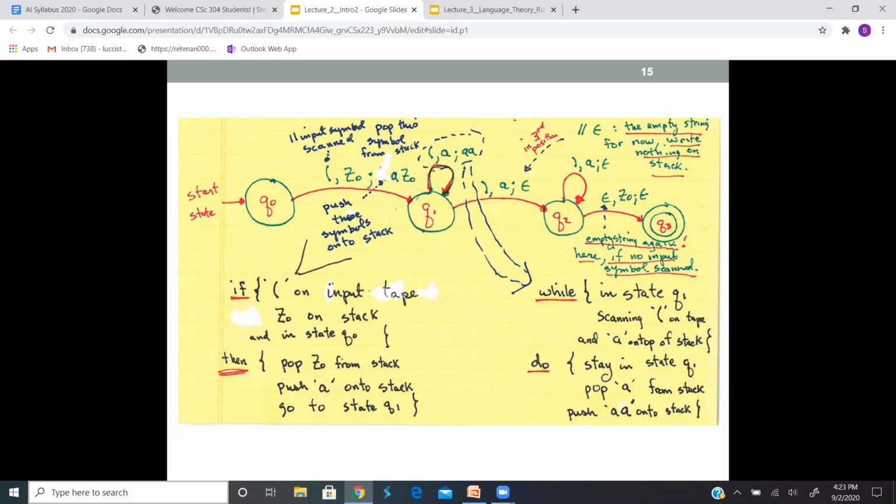Why are we going to state Q1? Because now there might be 10,000 left parens in a row. And careful, we're not building this machine to recognize that we saw left paren, right or left, left, right, right. We're building this algorithm to recognize left to the n, right to the n, such that n is greater than or equal to whatever it was, 0 or 1.